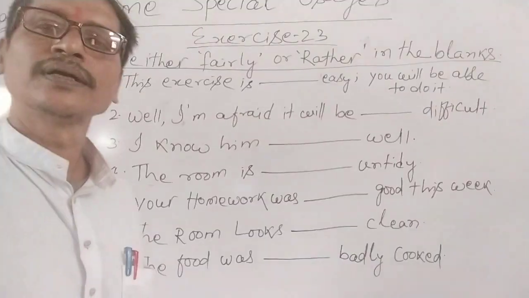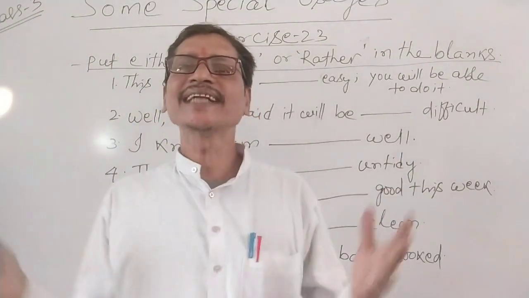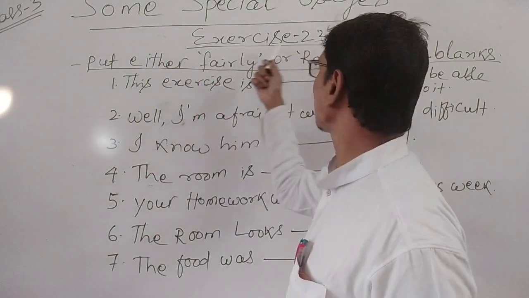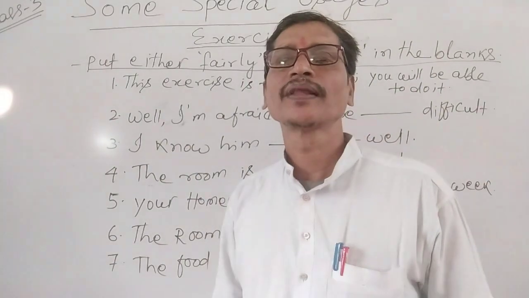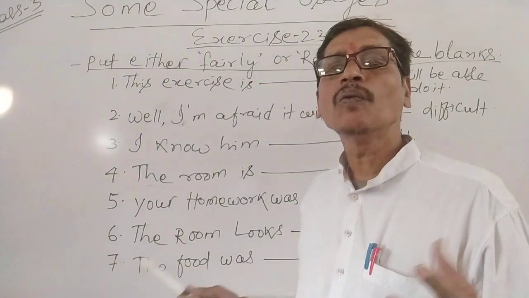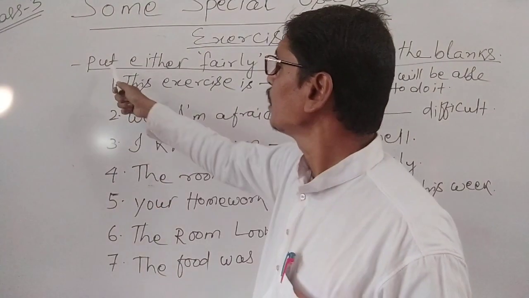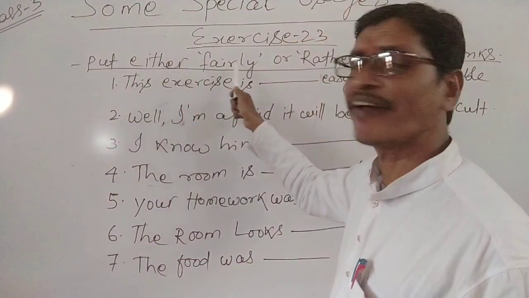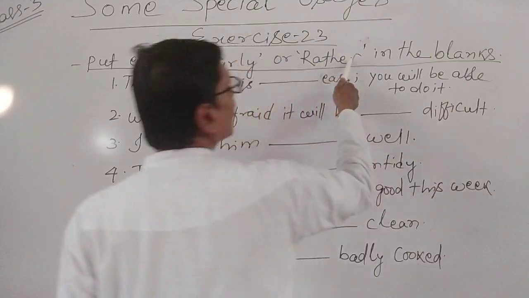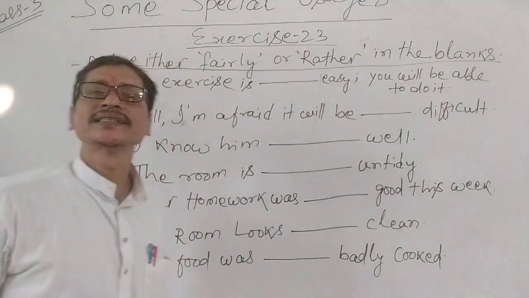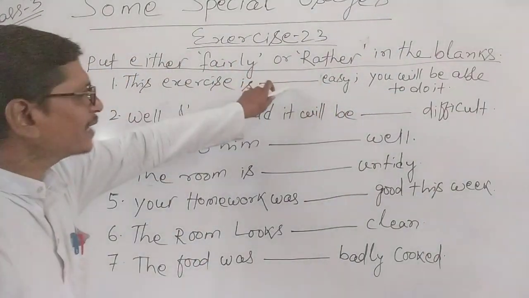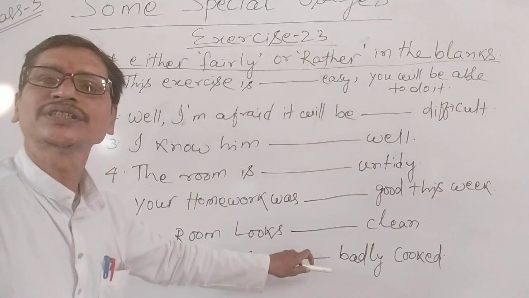Dear students, let's understand now exercise 23. What instruction does it give us? It says, put either "fairly" or "rather" in the blanks. Here you see, blanks have been given in all those statements.